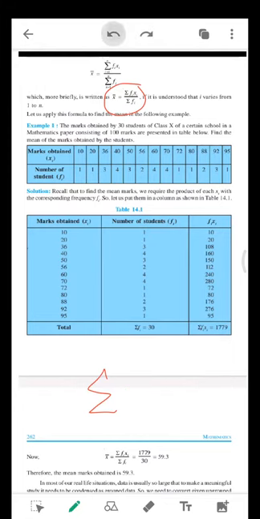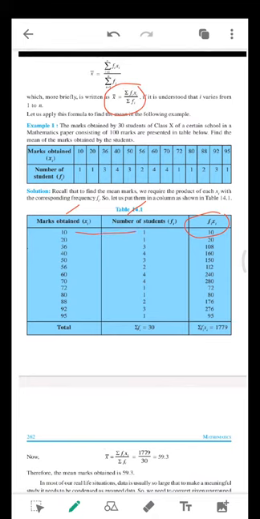Now it's very simple. Two columns are already given to you in the question, the first and the second, and the third column you need to make: fi xi, that is, you need to multiply both the columns fi and xi.